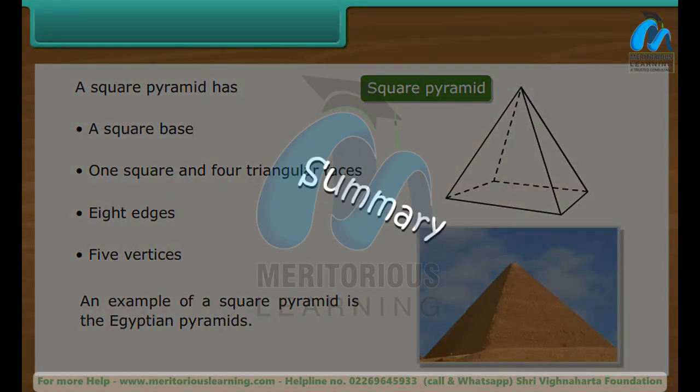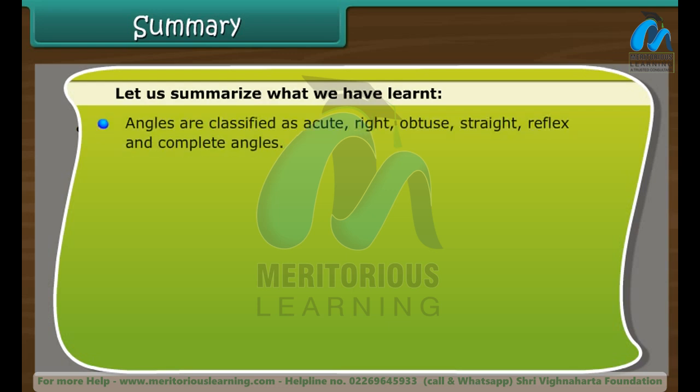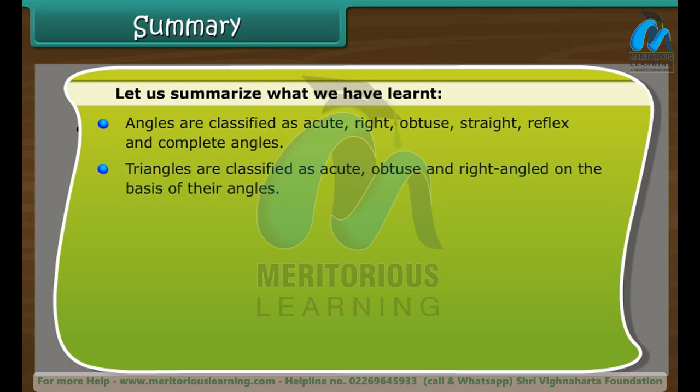Summary. Let us summarize what we have learned. Angles are classified as acute, right, obtuse, straight, reflex, and complete angles. Triangles are classified as acute, obtuse, and right-angled on the basis of their angles.